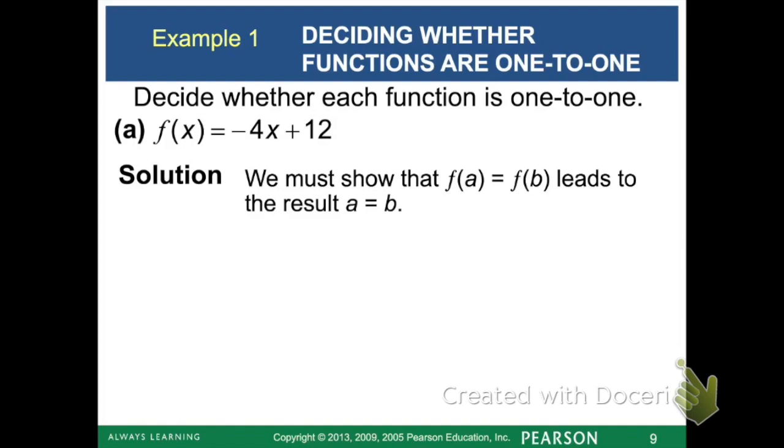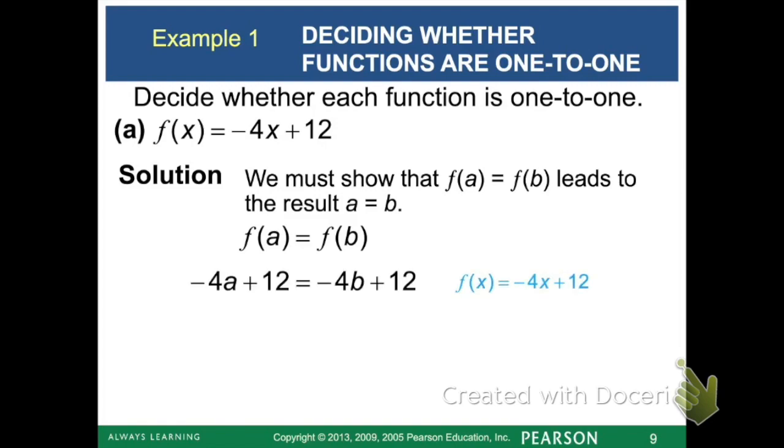Example 1, decide whether each function is one-to-one. So part A, we're going to look at f of x equals negative 4x plus 12. To decide if this is a one-to-one function, we're going to show that f of a equaling f of b results in the fact that a equals b. So first of all, we're going to write f of a equals f of b, and I'm going to take that function f.